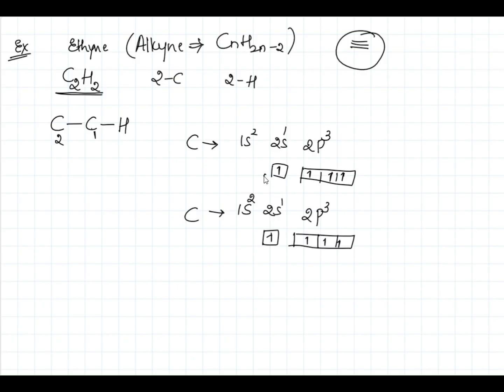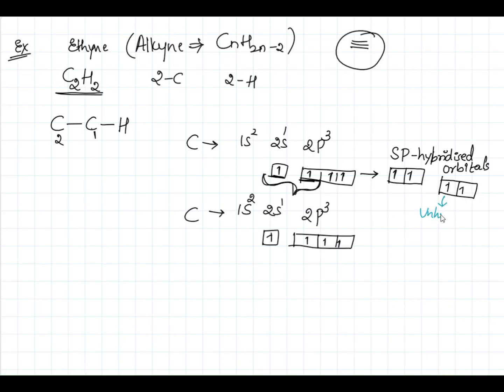Hence there is overlapping between atomic orbitals. One 2s orbital and one 2p orbital combine together to form two degenerate sp hybridized orbitals, which have one electron each, along with the presence of unhybridized p orbitals.